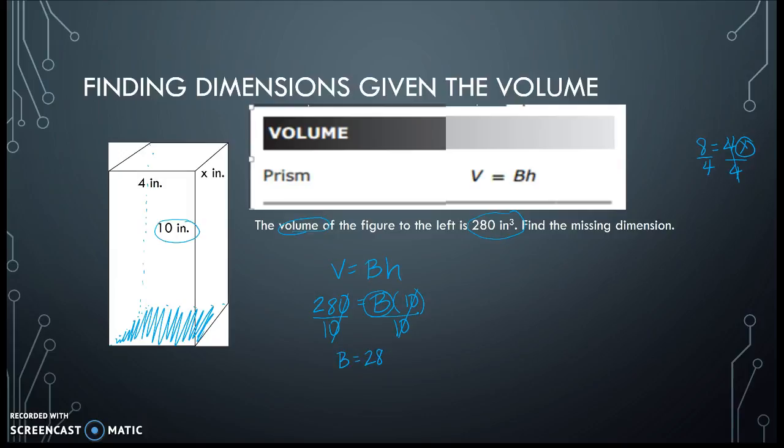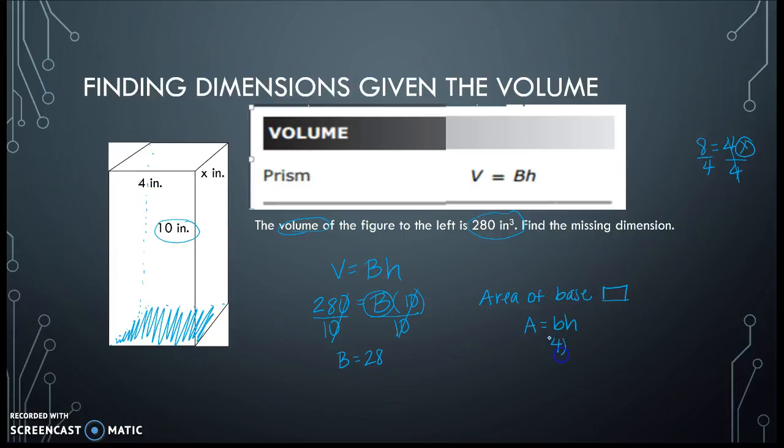So now I'm going to go off to the side and write area of the base. And I know that we're talking about a rectangle. So area equals base times height. The base of my rectangle of the base of my prism is 4, right here.